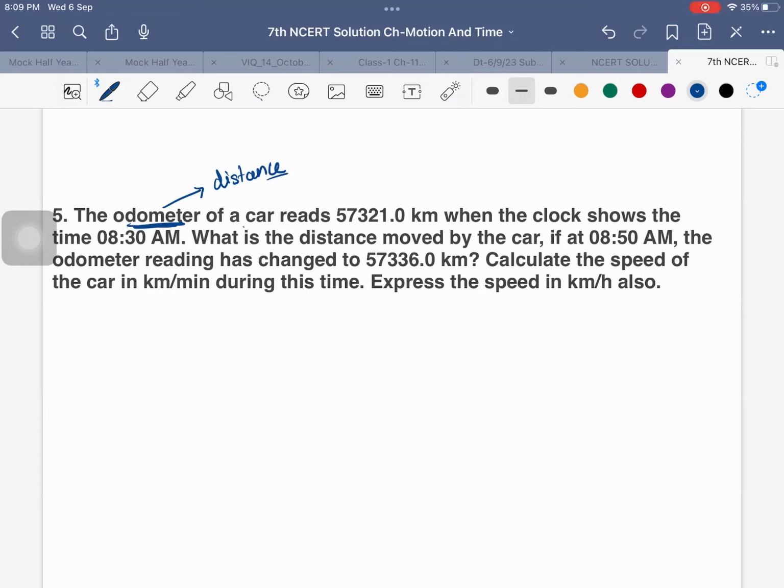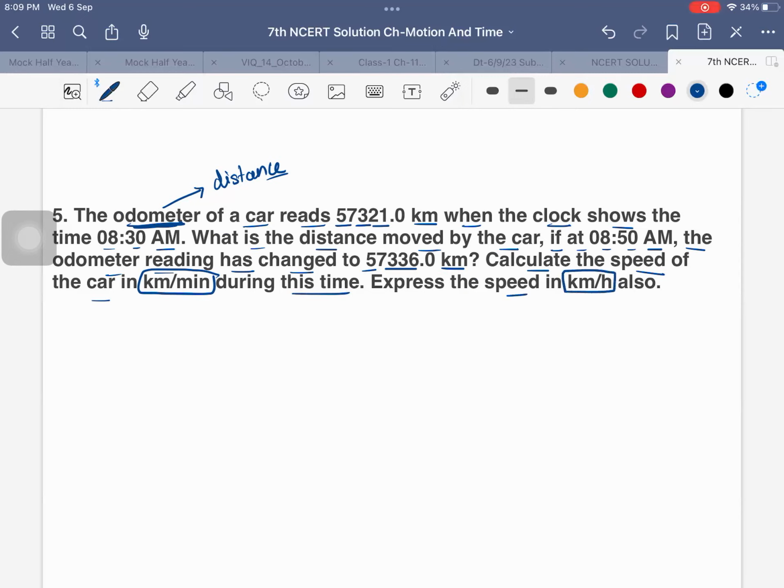So odometer of a car read 57,321 kilometer when the clock shows 8:30 a.m. What is the distance moved by the car if at 8:50 a.m. the odometer reading has changed to 57,336 km? Calculate the speed of the car in kilometer per minute during this time, and also express the speed in kilometer per hour.